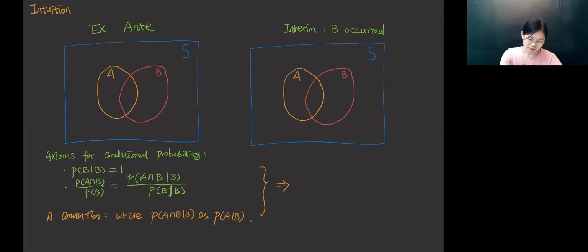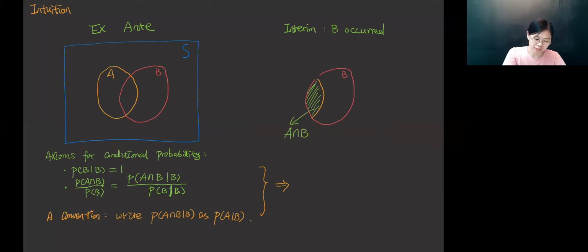What that means is we can eliminate all the possible outcomes outside of B. We can eliminate everything outside of B. Now B becomes our new sample space. And this area is A intersection B, which is the same as this intersection area on the left graph.